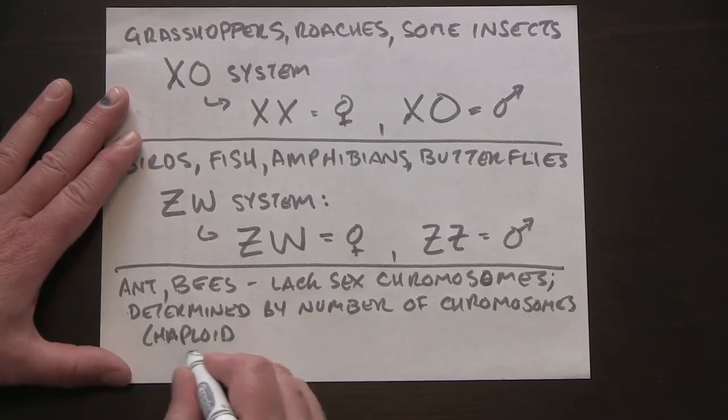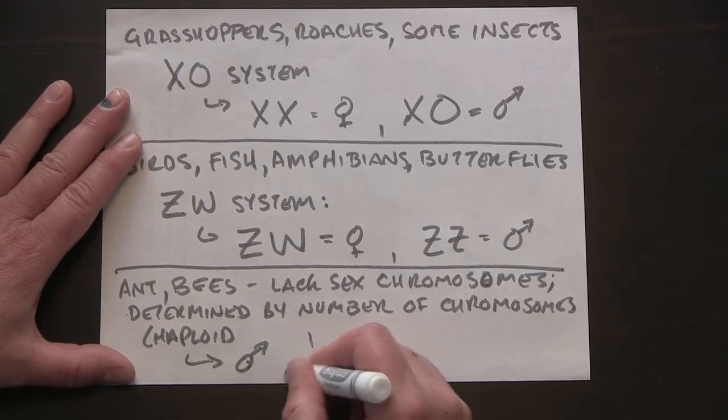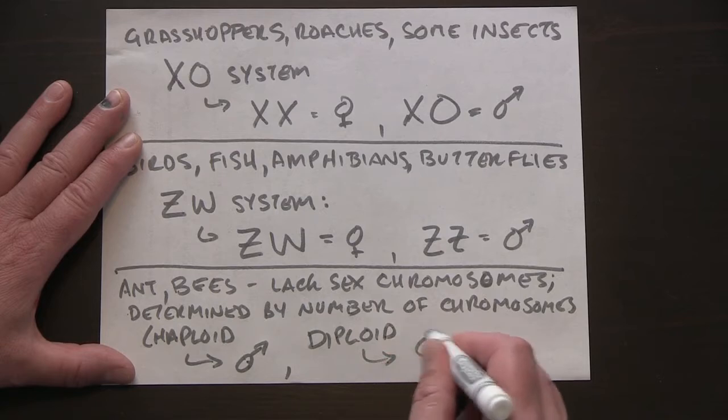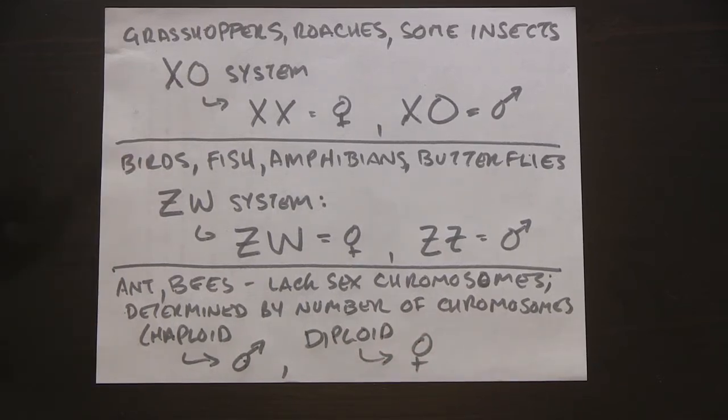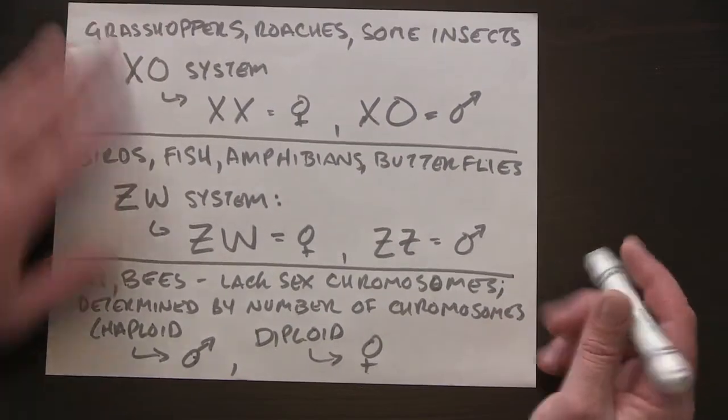Haploid will be male and diploid will be female. So a male ant basically develops from an unfertilized egg.